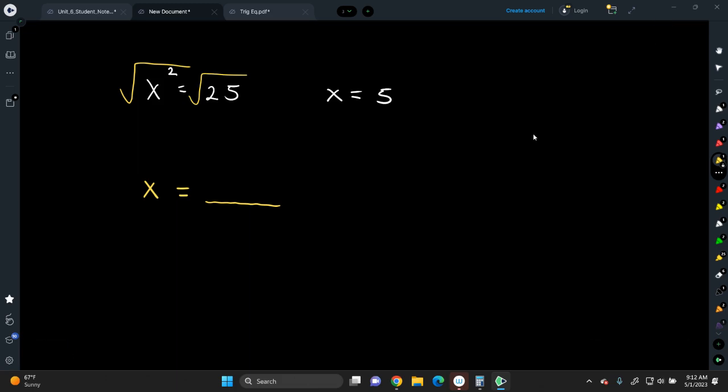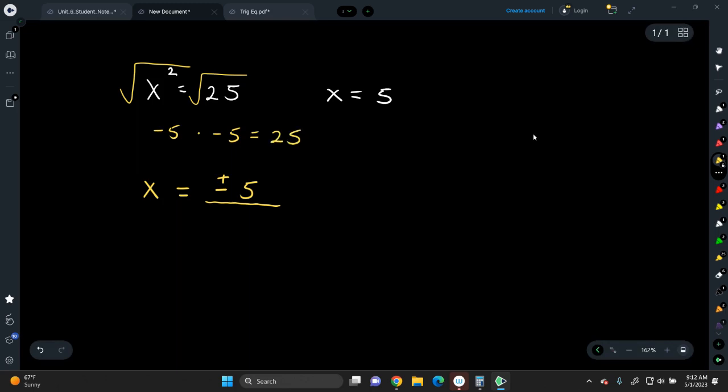If I take the square root of x squared, what are we left with? x. And the square root of 25 is 5. But it's actually plus or minus 5, because negative 5 times negative 5 is also equal to 25. So x is actually 5 or negative 5.